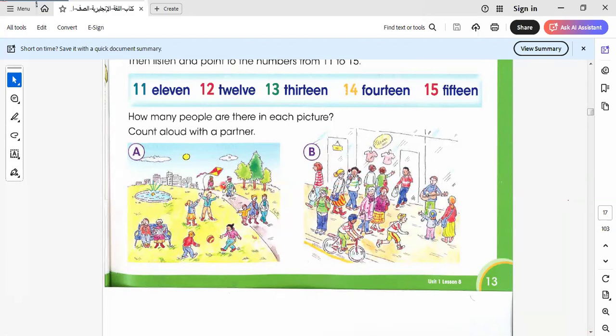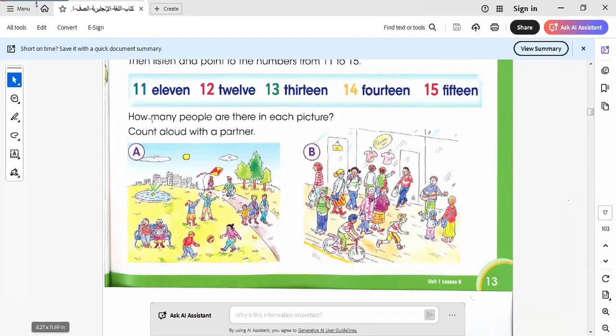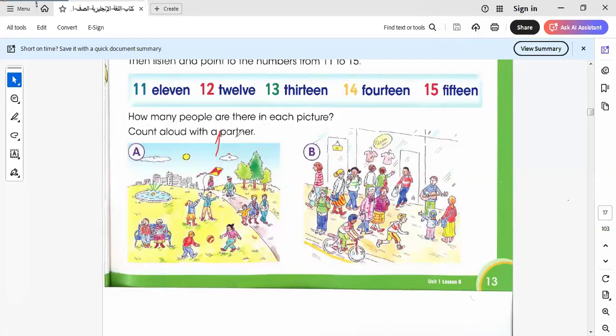Here we say 1, 2, 3, 4, 5, 6, 7, 8, 9, 10, 11. We have 11 people in this picture. You can write it as 11 in numbers, and in letters. I will leave this to do by yourself. I count one, and I leave you to count the next one by yourself.